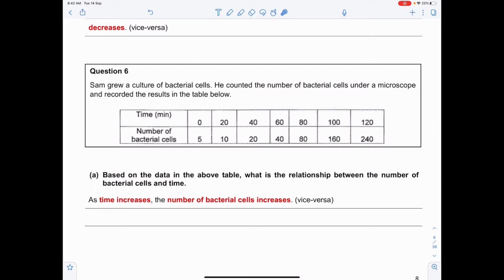So basically, you can then craft your answer by saying as the change variable, which is the number of tracing paper, increases, the measured variable increases or decreases. So in this case, it's talking about your gas. Alright? Now, you also need to talk about what your measured variable represents. Sometimes it's not so straightforward, because it's a conclusion, right?